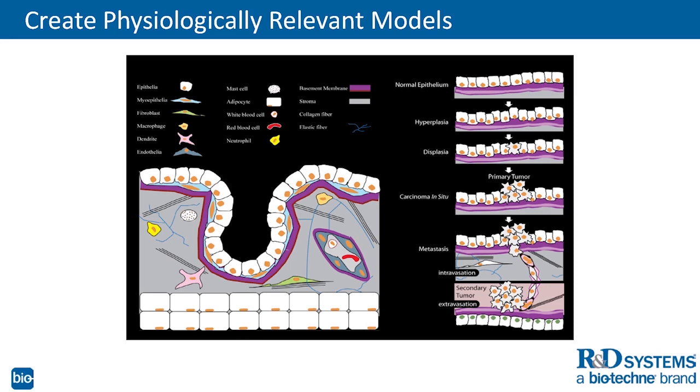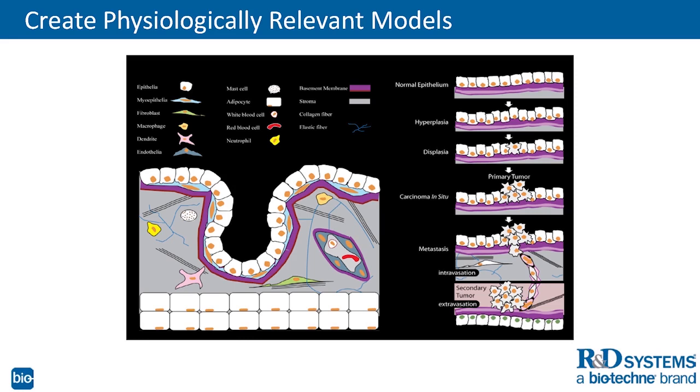In our assays, we use tissue extracts. These are proteins that are extracted from the tissues from animals, and this provides a better or more biologically active matrix for these cells to grow and invade into.